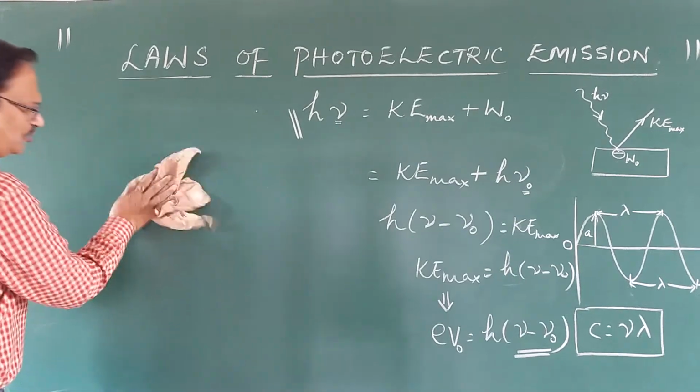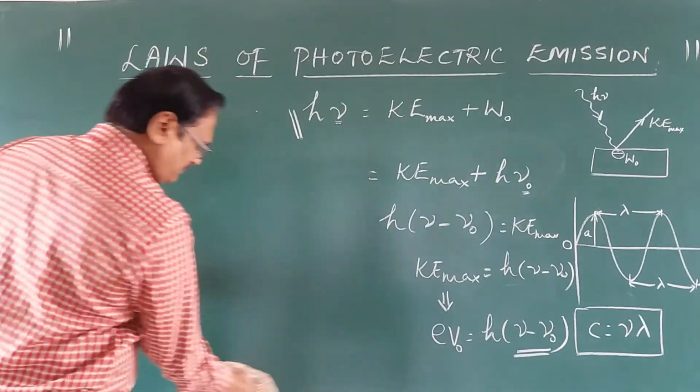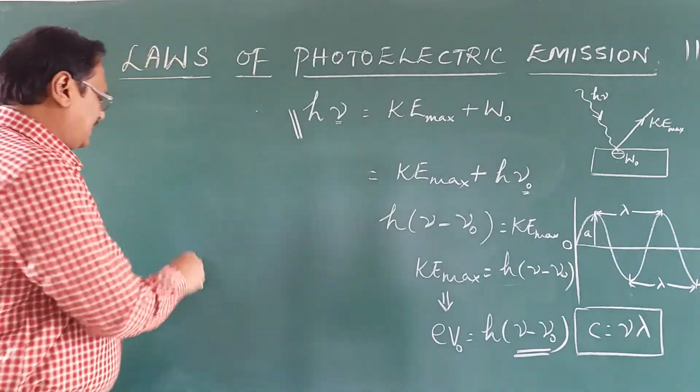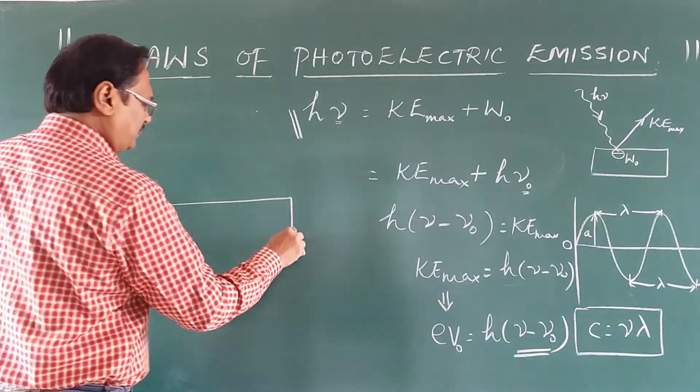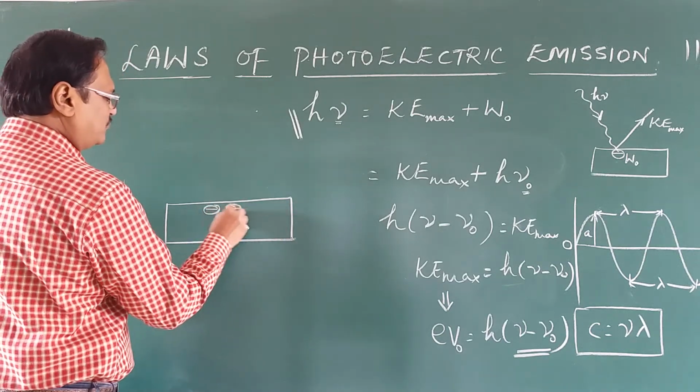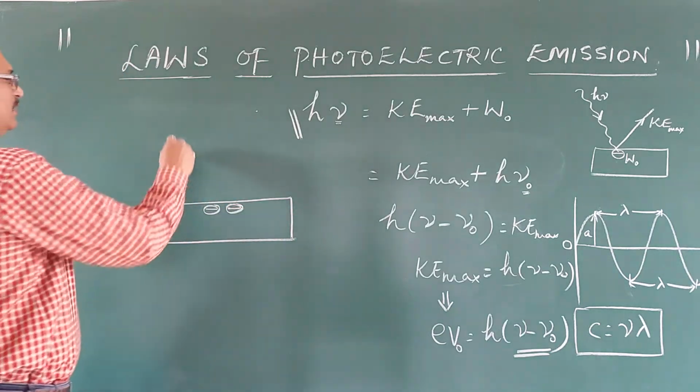Now I come to the next point. Very simple, right? The classical wave theory says that a metal is made up of electrons, we know. I am taking only surface electrons.